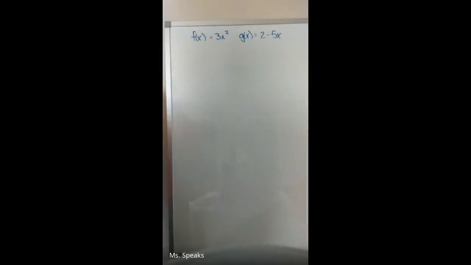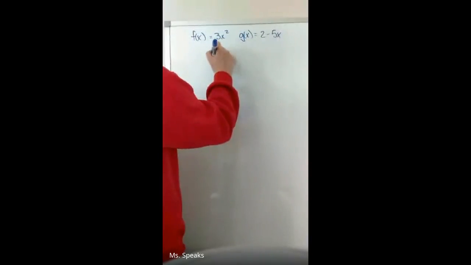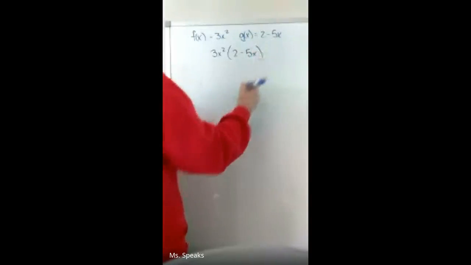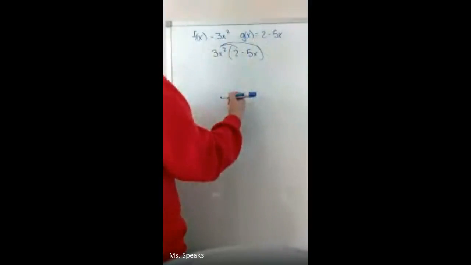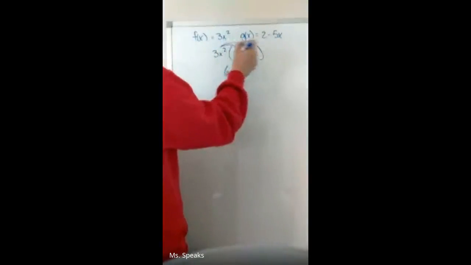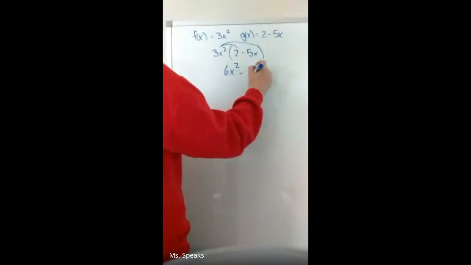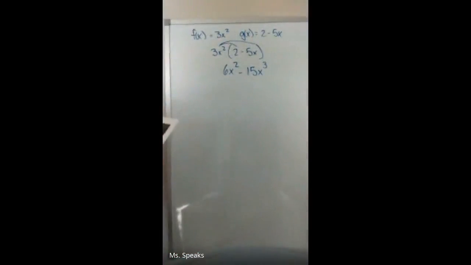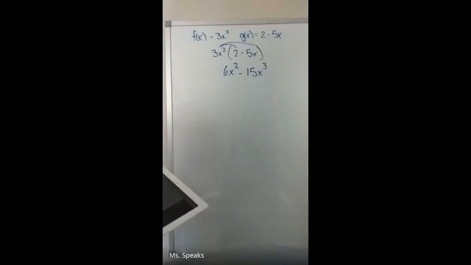So 51 says f of x times g of x. Okay, so that would mean 3x squared times 2 minus 5x. Okay, and we are distributing here. So 3x squared times 2 would give me 6x squared. 3x squared times negative 5x would be negative 15x to the third. All right, and you can leave it like that. We're just multiplying the two out.